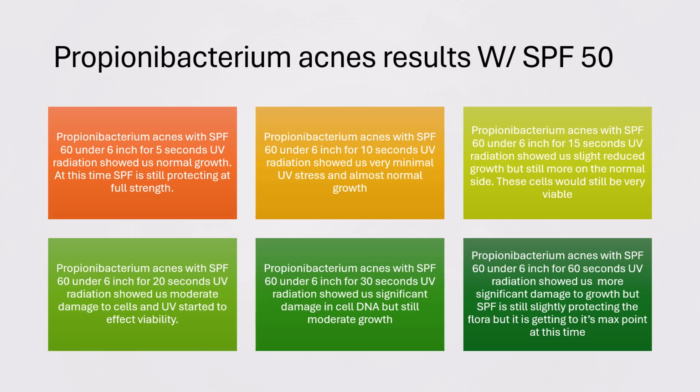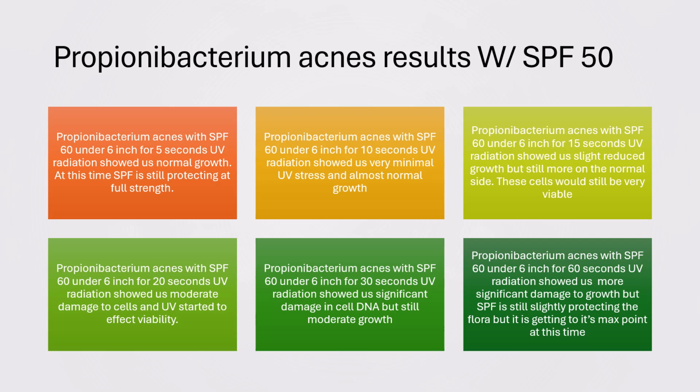So with that being said, we bumped it up to 20 seconds, and this is where we start to see a little bit of reduction in growth. So we saw moderate growth, and at this point the viability of these cells was also starting to be affected. Then we exposed another agar plate to UV radiation for 30 seconds.